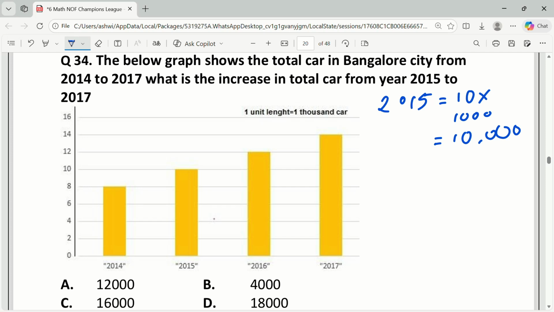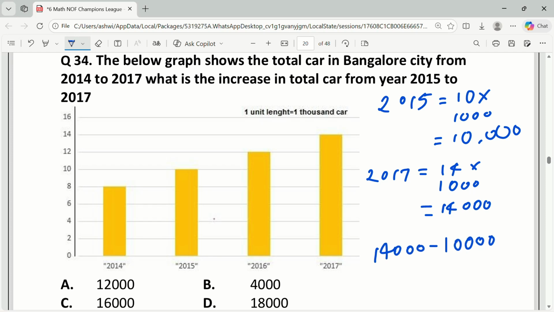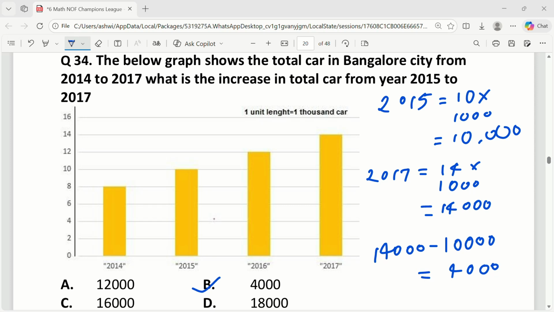In 2017, the bar reaches 14. That is 14 into 1000, which is equal to 14,000. The increase is the difference between the number of cars in 2017 and 2015. That is 14,000 minus 10,000, which is equal to 4,000 cars. Comparing with the options, the answer is B, 4,000 cars.